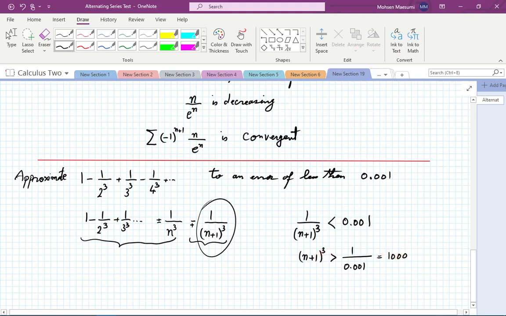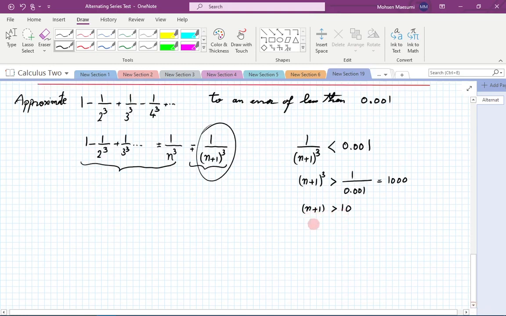Well, let's take a cube root from both sides. So I'll have n plus 1. I take cube root, and here my cube root is 10. So n has to be larger than 9. So that tells me if I go as far as the 10th term, then for sure my error is going to be less than this quantity.